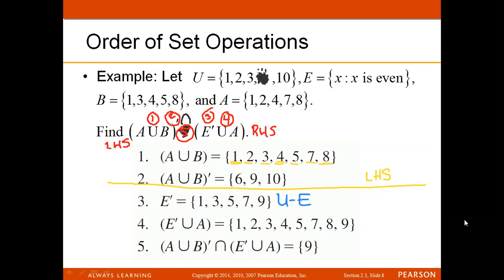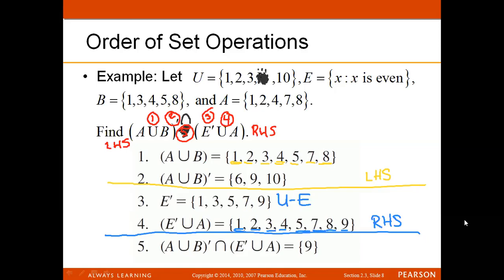And now we're going to union that with the A set, which is 1, 2, 4, 7, 8. So E complement union A is 1, 2, 3, 4, 5, 7, 8, 9. And that's the right-hand side.